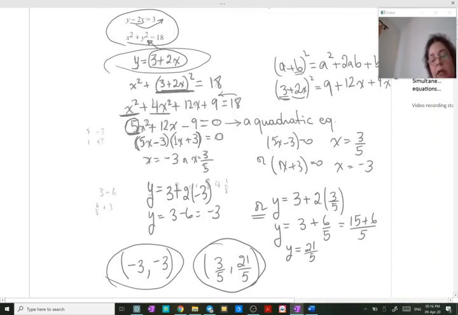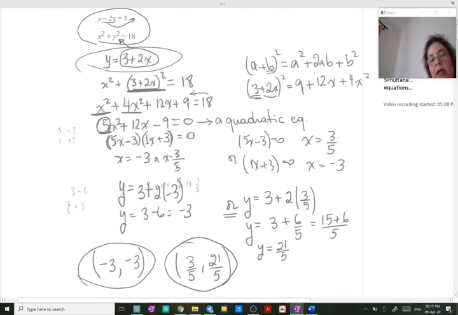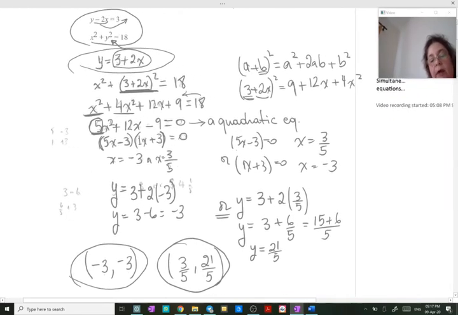Or you can say, if you're going to explain it graphically, that these two solutions are the points of intersection between the circle whose equation is x squared plus y squared equals 18, the circle whose center is the origin 0, 0, and the line which is represented by y equals 3 plus 2x.